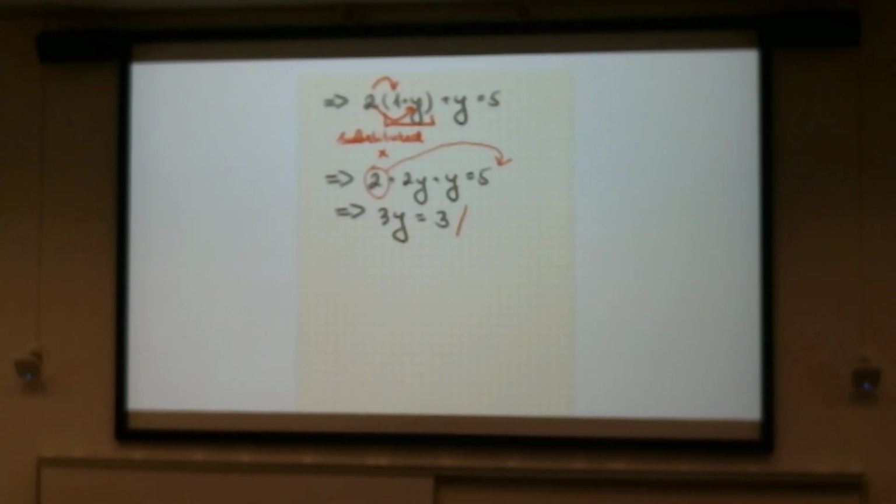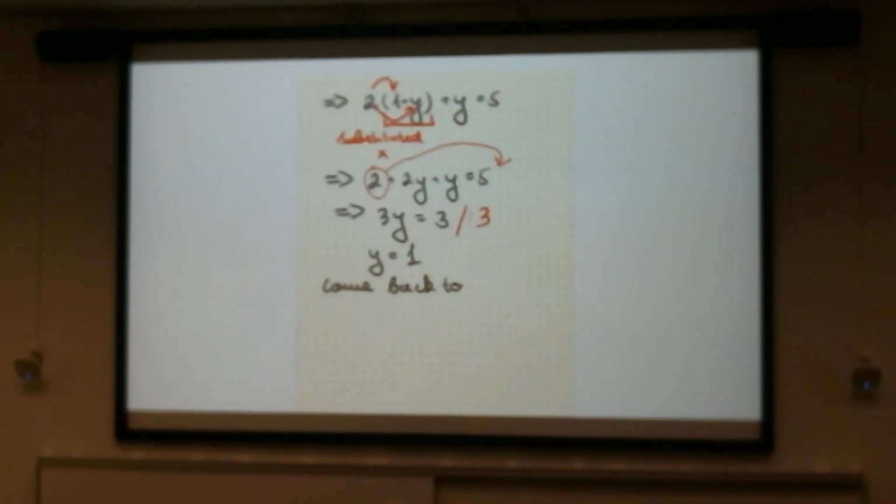And now this is all good, because we just divide by 3 on both sides, and we have that y is equal to 1. Okay, so now we come back to our expression of x.